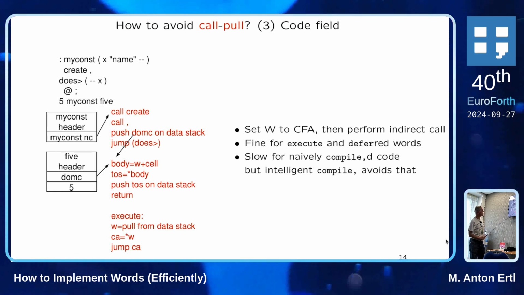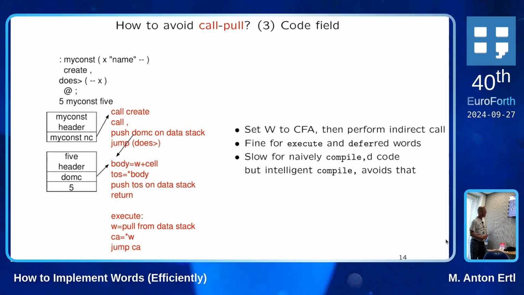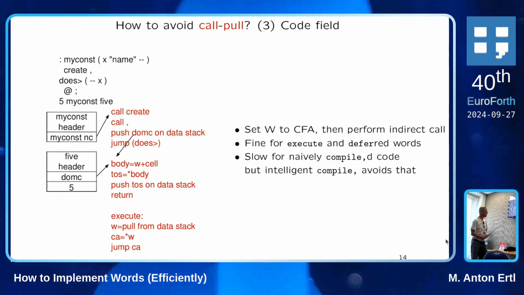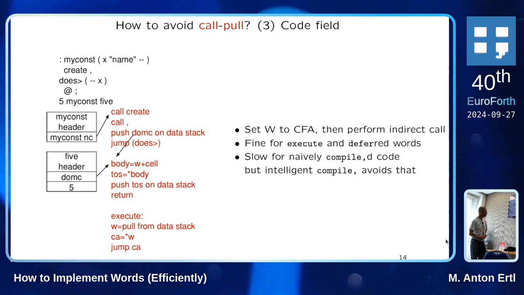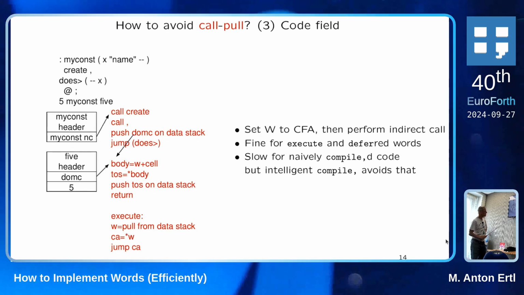And here we see what execute looks like. Execute gets its address from the data stack. We pull it from the data stack and put it into the register W, and then we get the code address from W and jump to it.